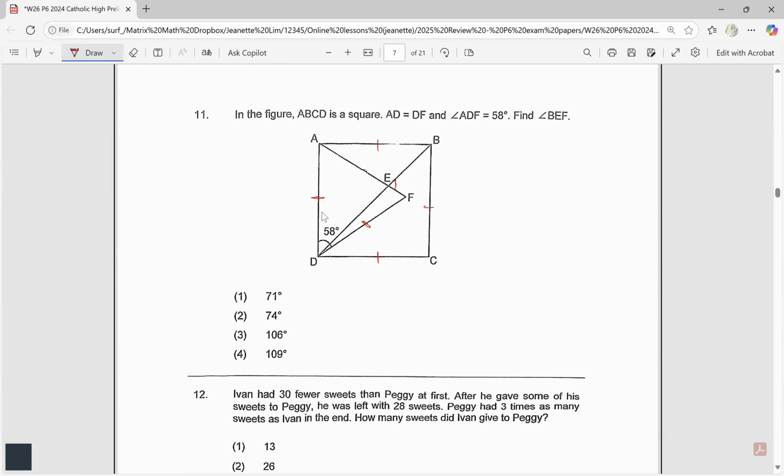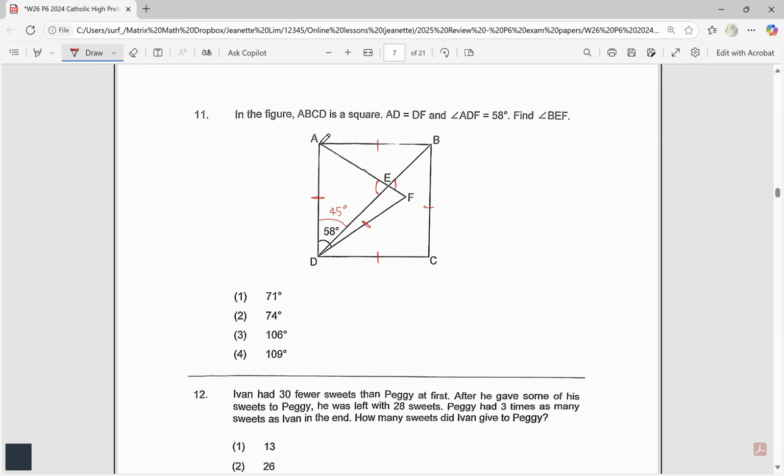So this ADB will be 45. Now, what I want to do is to find AED, this angle here, because this would be vertically opposite of what we want to find. Okay, so before we find AED, we will need DAF.